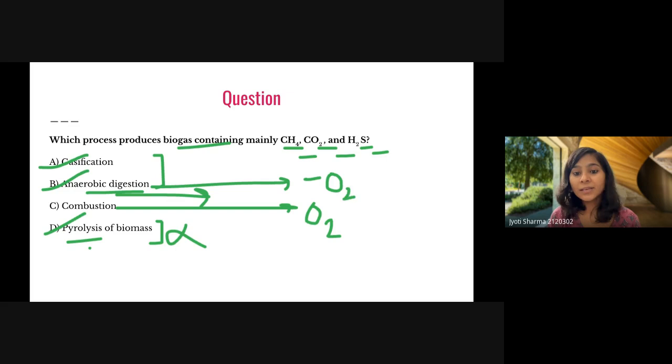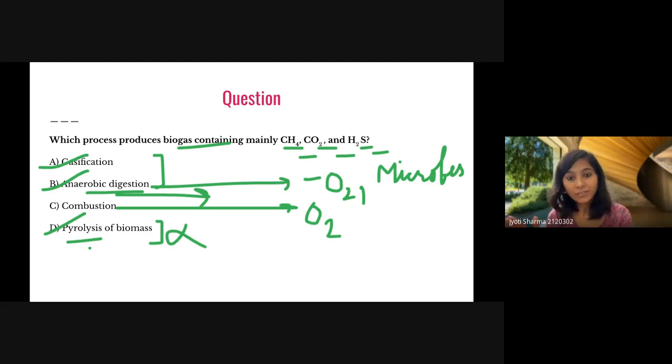But here we are using microbes, microbes that can survive in anaerobic conditions, meaning in the absence of oxygen. So microbes that can survive in the absence of oxygen will decompose your organic matter, and this comes under anaerobic digestion.